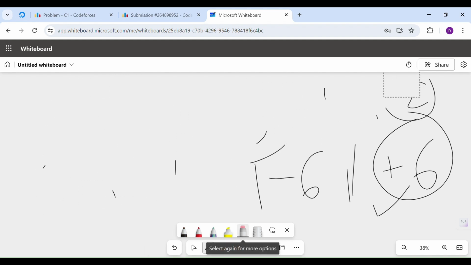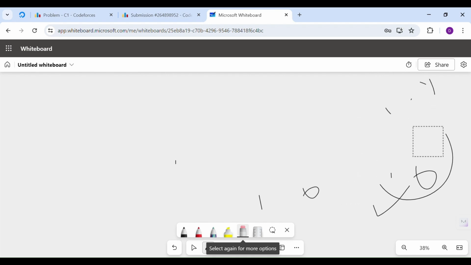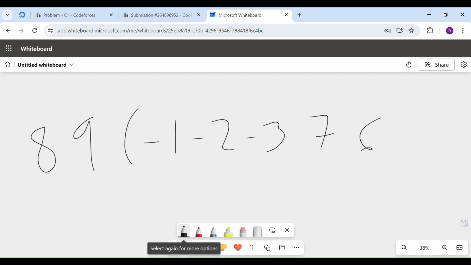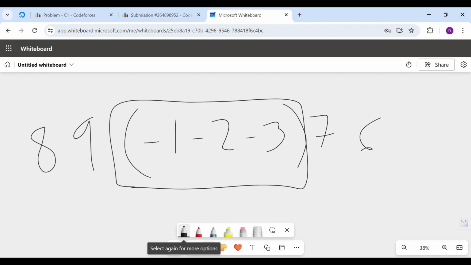Now what else we can think is, if there are some negative numbers together surrounded by some random positive numbers, we can take the mod after calculating the value of all of these negative numbers. Like this would become 17, then 16, then 14, 11.